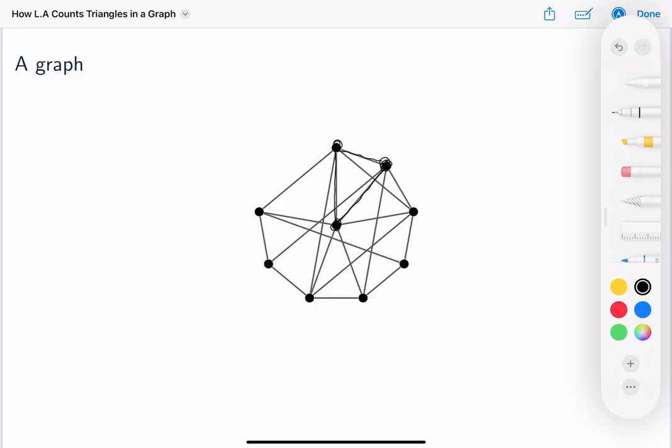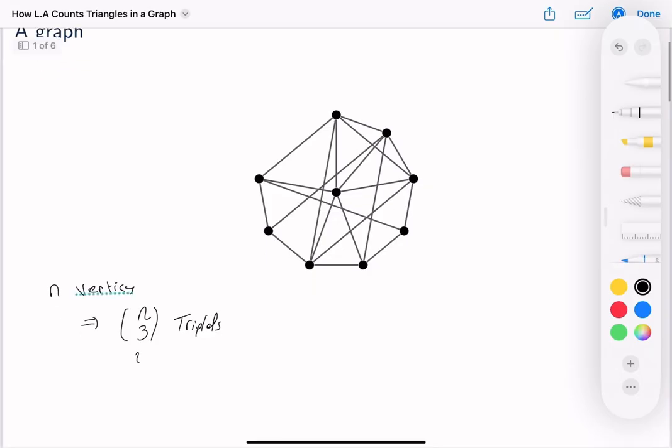The naive way is to run over all the vertices and consider all triplets. There are n choose 3 many triplets, so if we have n vertices, then there are that many triplets, and for large n, this is of order n cubed.